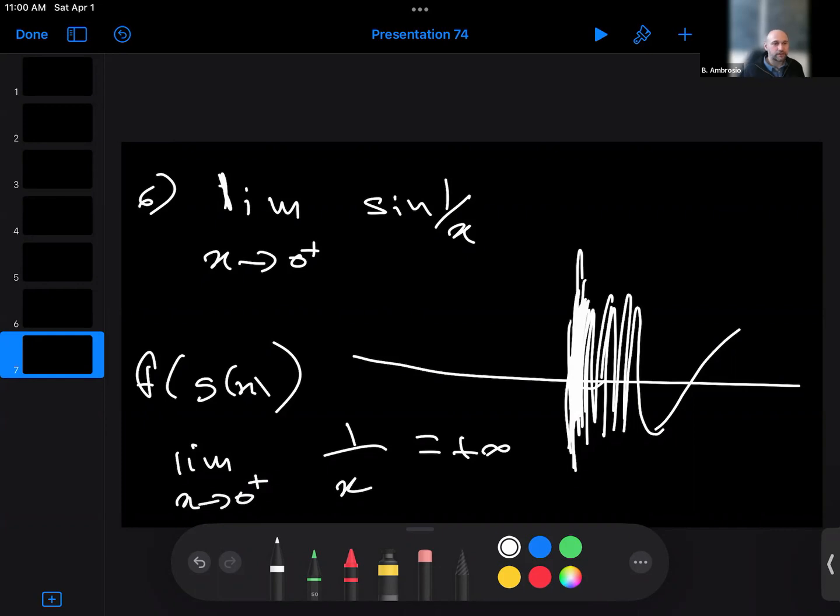So think about it. This one, you cannot compute a limit. There's no limit. It's not even plus infinity or minus infinity. When you approach 0, you're still oscillating between -1 and 1.